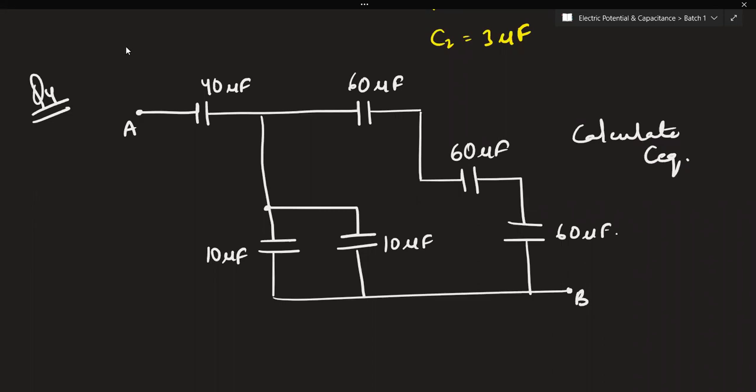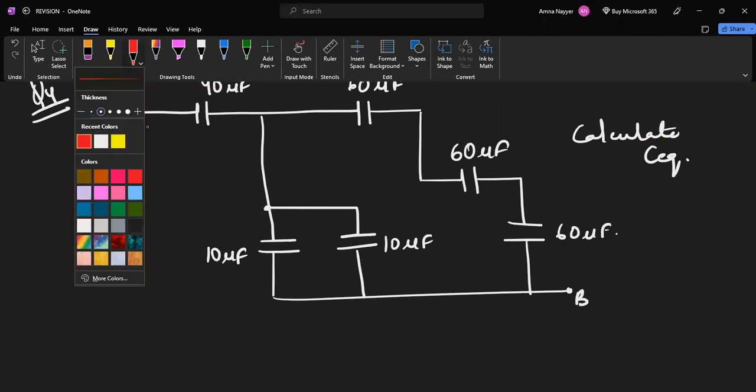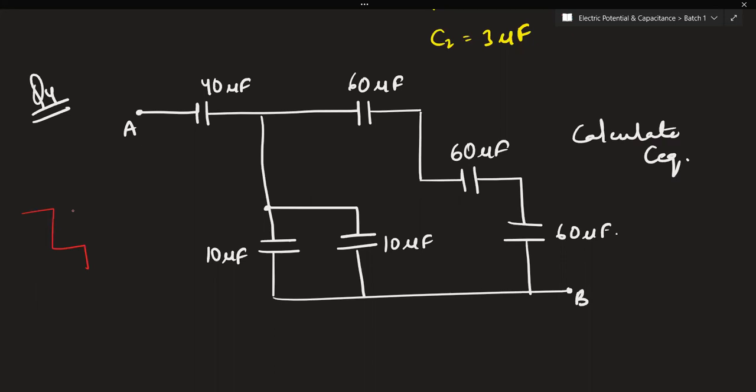Equivalent capacitance we have to calculate. See class, in this question, here 60 microfarad, 60 microfarad and 60 microfarad, these three are all connected in series. You can see the wires have just turned. Curvature of the wire is there. Straight wire is there. No branching is there. You can turn the wire. Remember, we had discussed all these things.